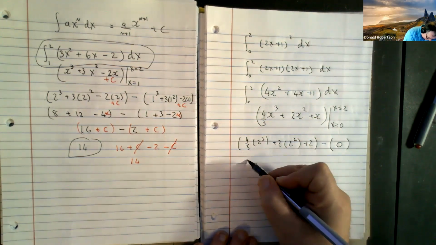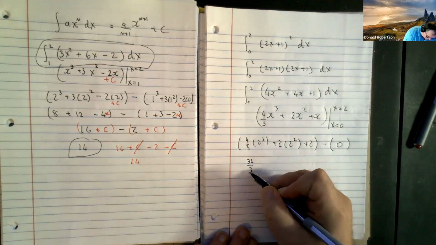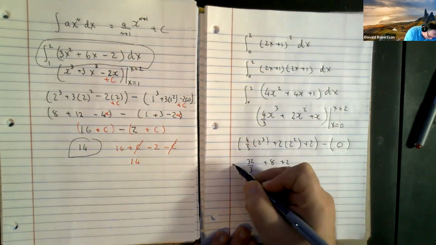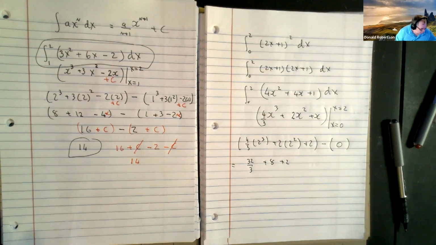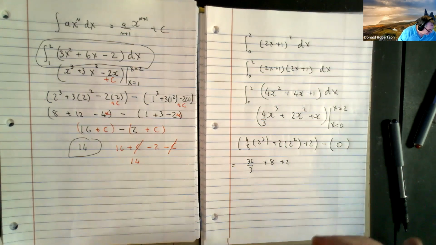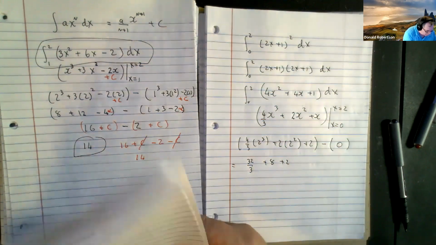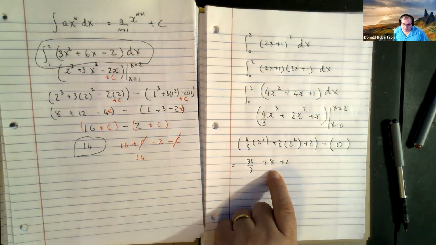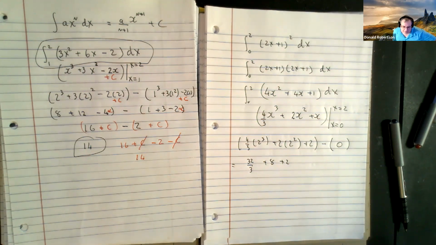Now 2 cubed is 8, 4/3 of 8 gets me 32/3, plus 8, plus 2. Now, when we are dealing with integrals, areas under curves, we have to have exact values. So I'm not going to try and turn that into, or whatever it is, 20 and 2/3.